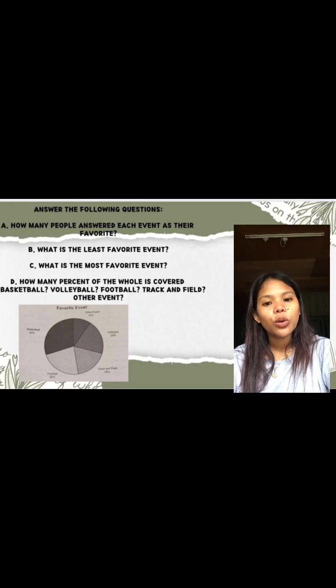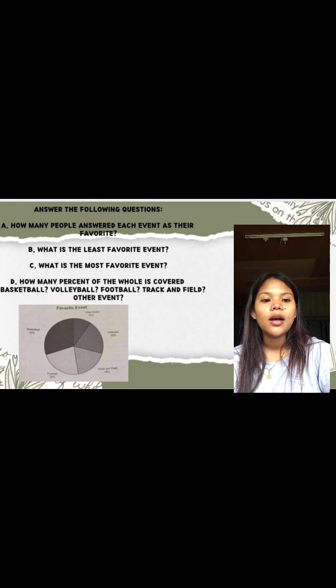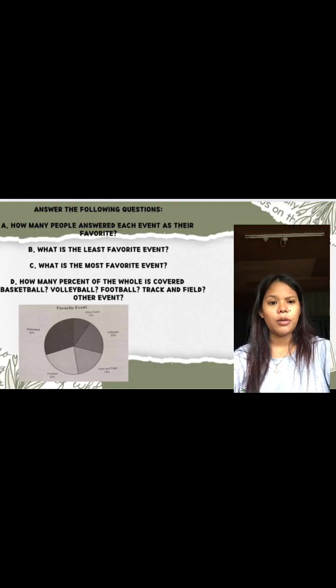So unsa dito ang pinakataas og percentage, mao to ang daghan nagtubag. So the most favorite event is basketball, which is naay 75 people selecting as their favorite kay naa man siyang 30% dito. So daghan ang nagtubag nga basketball ilang favorite.